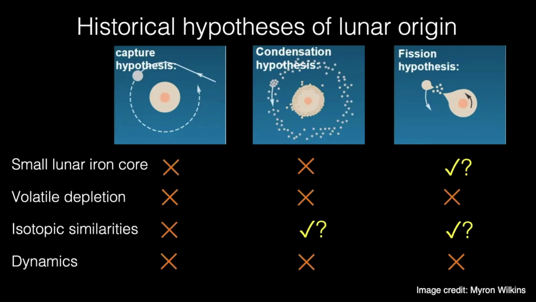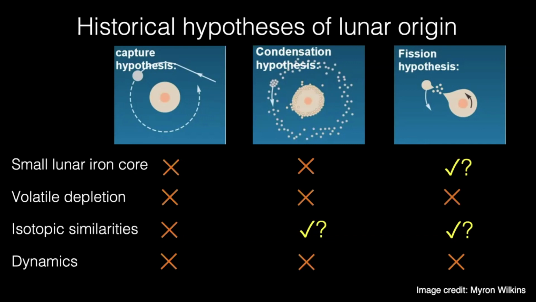And also, the asteroid should have a decent amount of volatiles. Therefore, it cannot explain why the moon is depleted in volatiles. And it cannot explain the isotopic similarities either, because each object would have a different isotopic signature.